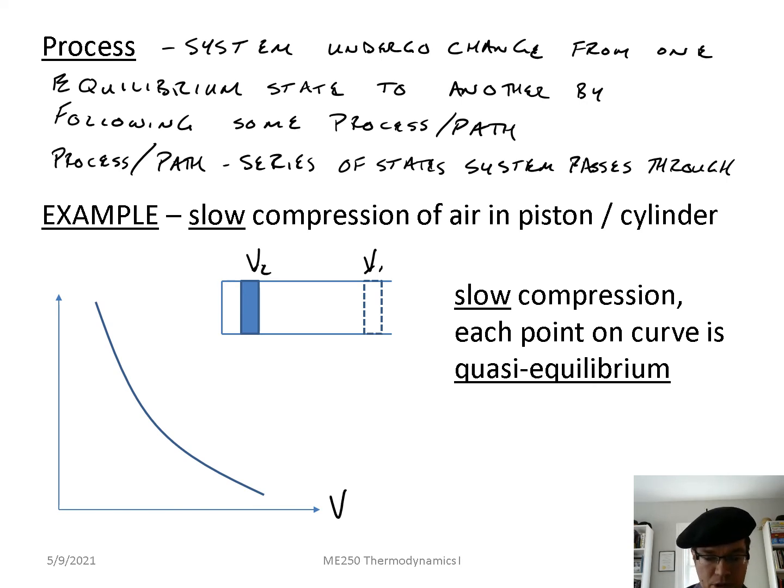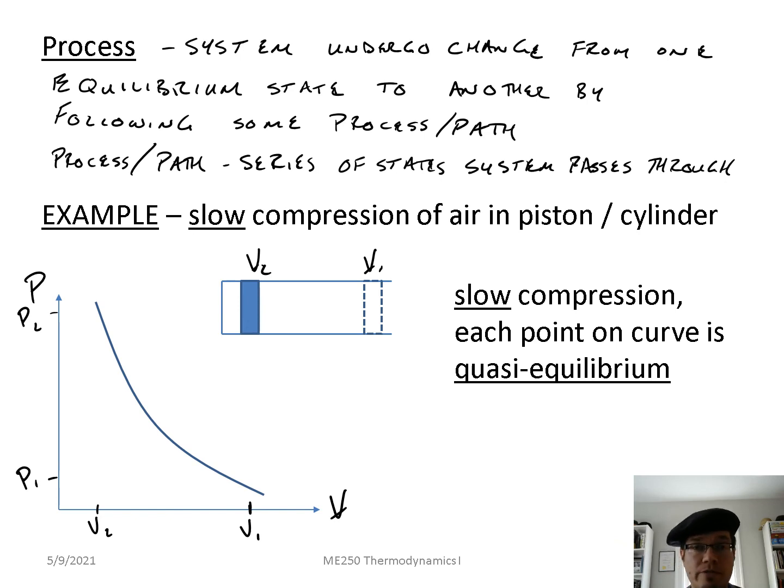So, and let's plot pressure versus volume. So we've got some V1, which is larger, and some V2, which is smaller. Hopefully, your intuition tells you that the curve would look something like this, therefore, where you go from some lower pressure, P1, to some higher pressure, P2.